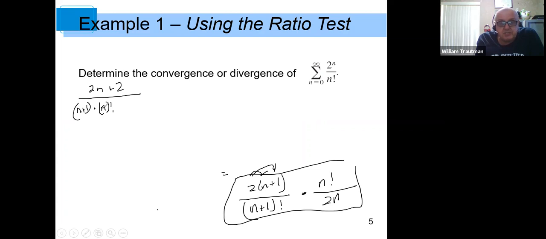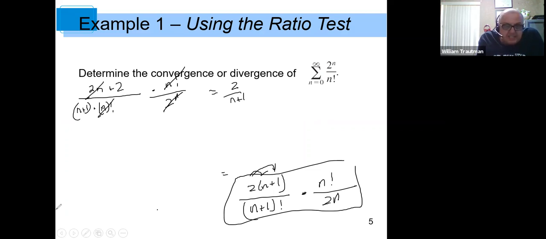Then we're going to multiply this by n factorial over 2 to the n. And if you look, n factorials cancel, 2 to the n's cancel, and we're left with 2 over n plus 1.